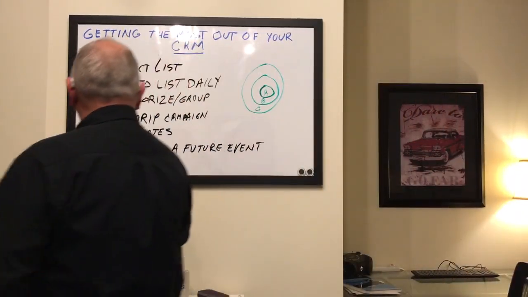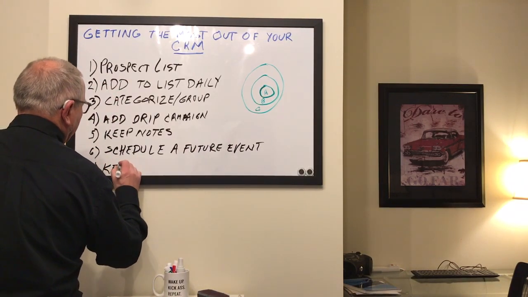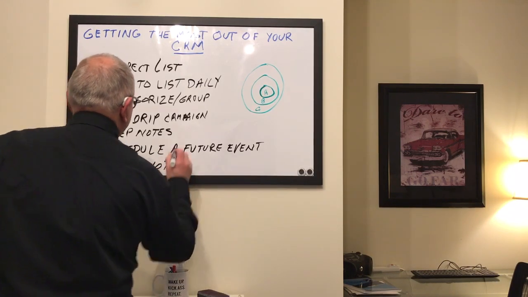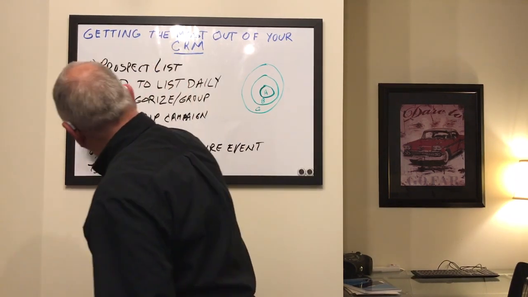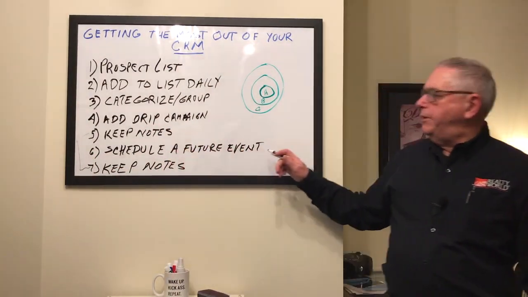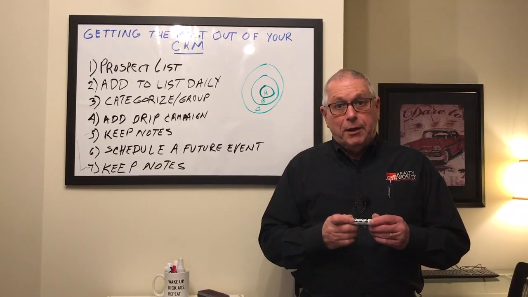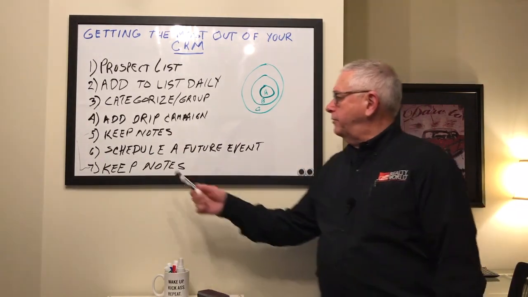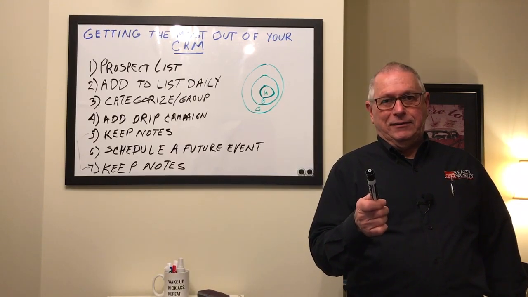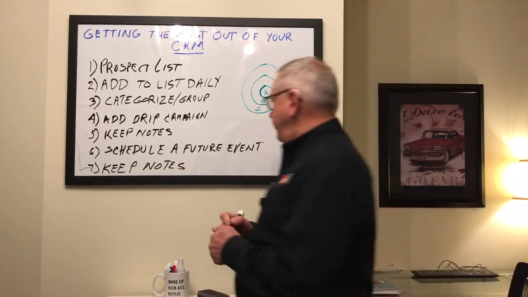And then the last step, keep notes. Notice I have that in here twice. Okay? Keep notes. So every time you schedule a future event, and every time that future event comes up, you're going to keep notes of what happened on that future event, and then you're going to schedule a new future event.